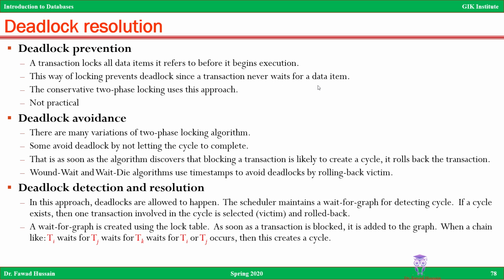If it doesn't get it, maybe it needed 5 tables and was able to acquire a lock on 3 of the tables but not the other 2, it will wait, but it will release the 3 tables. So if another transaction was waiting for those 3 tables, it can have them because this transaction has released them. It will wait some time, and then try to grab all 5 tables again. If it's successful, it will go ahead. Otherwise, it will release whatever it has grabbed and go back to waiting.